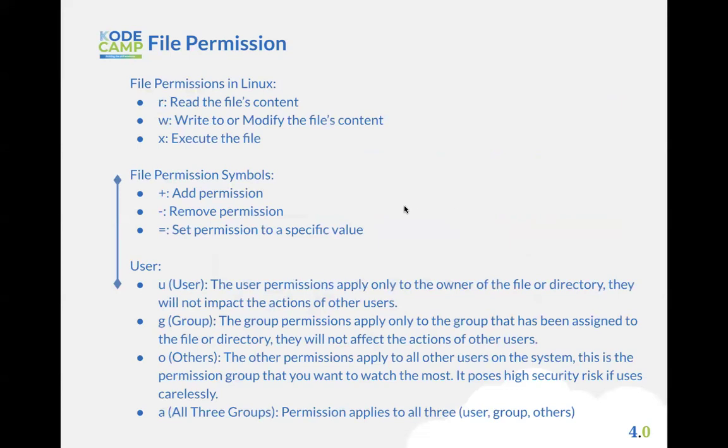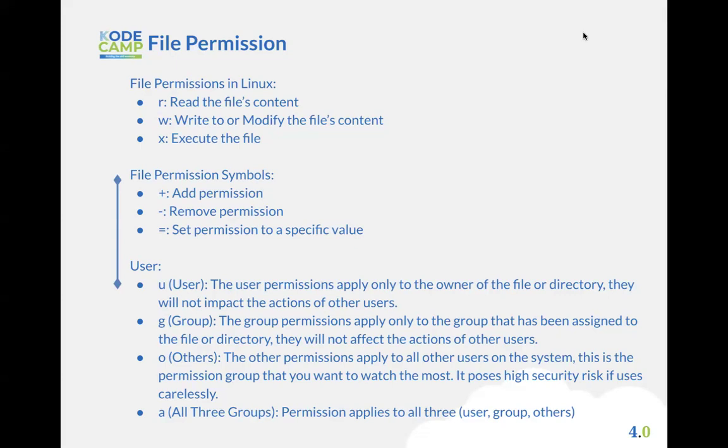So with that, we have different file permissions that a file can have. We have the read, which is R, to read the file content. You have the write, you have the execute, and different symbols when you're specifying file permissions. You can add permissions with the plus. You can remove permissions with the minus. You can set specific permissions, right?